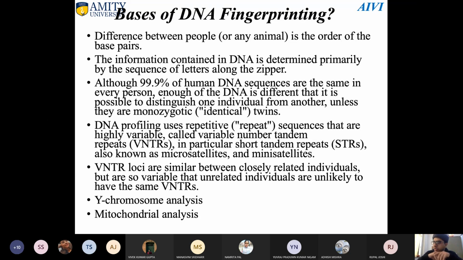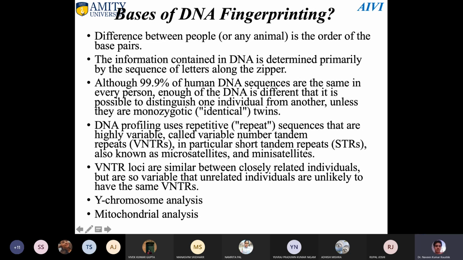As you remember, Yukta was giving a talk about the mitochondrial genome. She mentioned that this is a genome inherited through the maternal line only. So only maternal parents transfer this genome. In this way you can connect with the paternal or the maternal side. These are the basis of DNA fingerprinting.